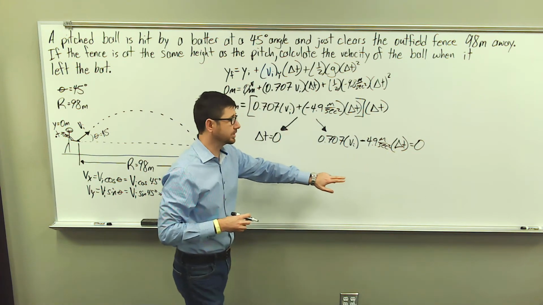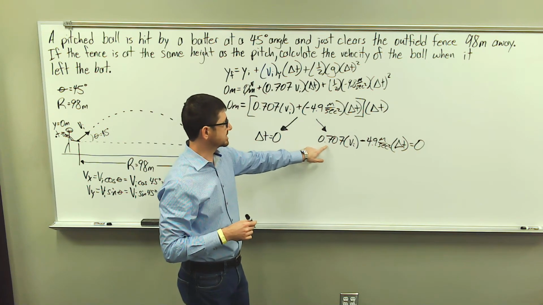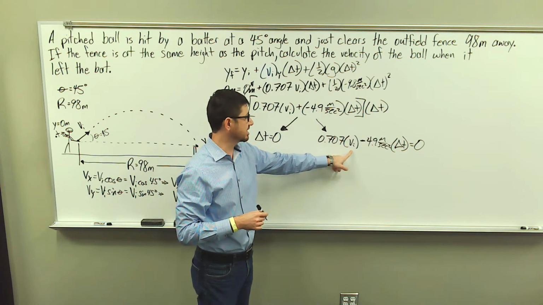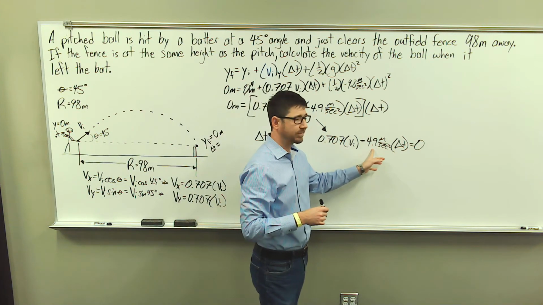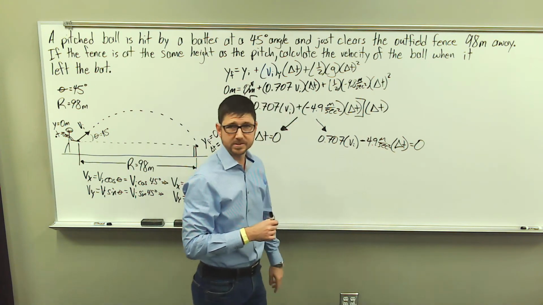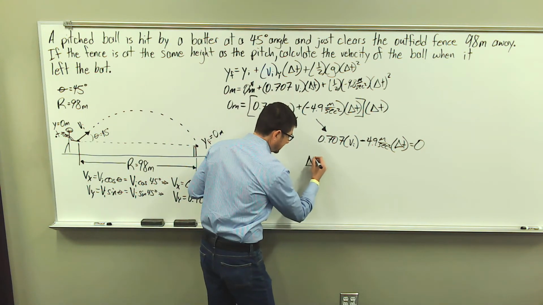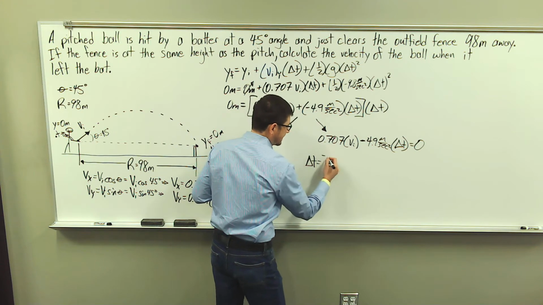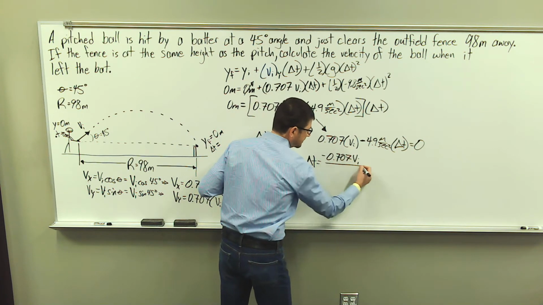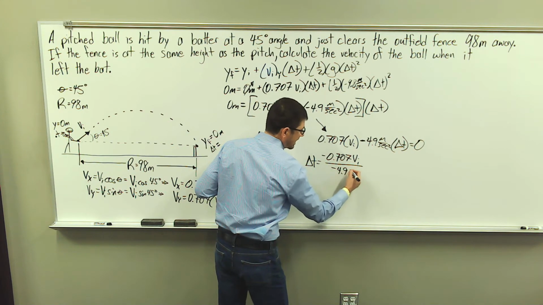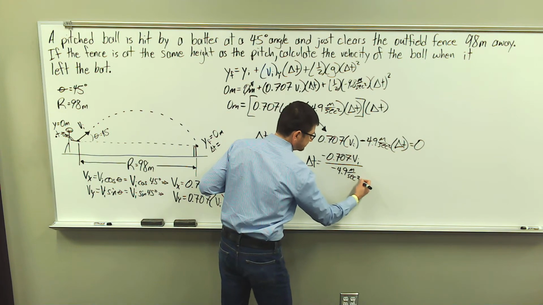The first thing we're going to do here is subtract 0.707 times v sub I from both sides of the equal sign. And then we are going to divide by negative 4.9 meters per second squared. So this is going to give us delta t is equal to a negative 0.707 v sub I divided by negative 4.9 meters per second squared.